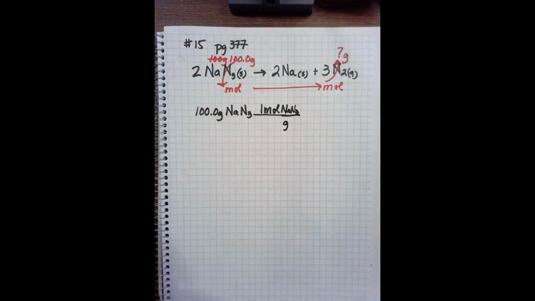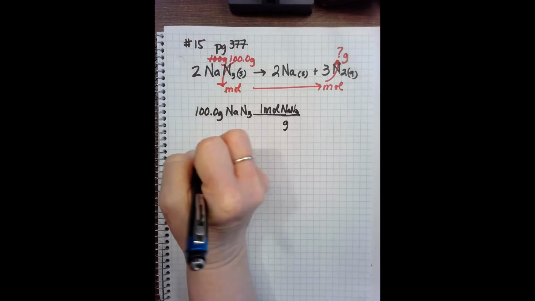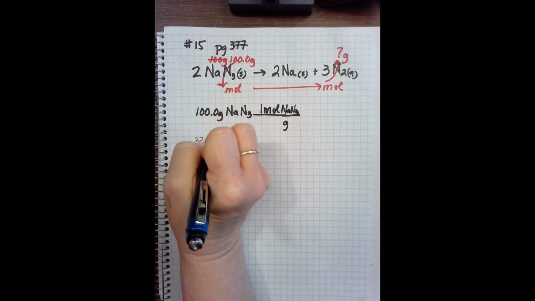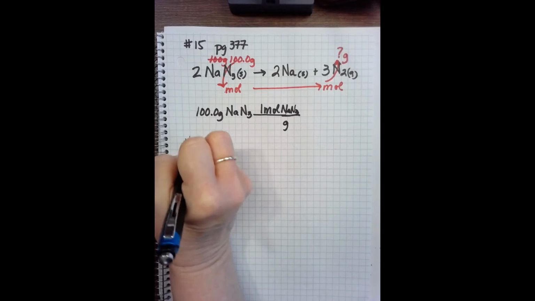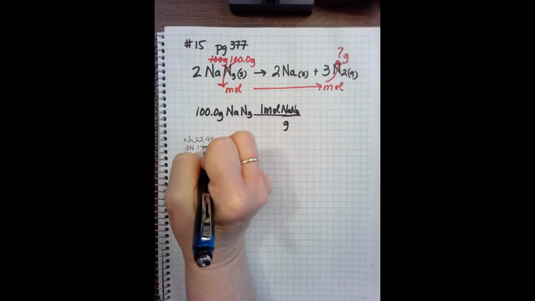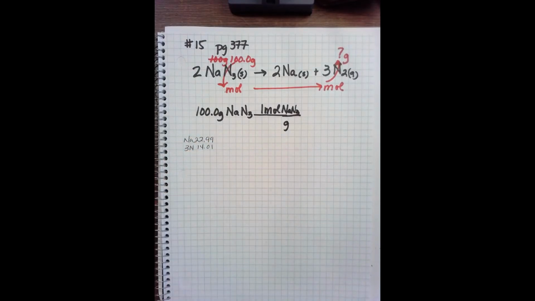Well, now we're going to have to go do the molar mass of sodium azide. So let's do that very quickly. Sodium, according to our periodic table, is 22.99. That's sodium. And 3 nitrogens. Each nitrogen is 14.01.